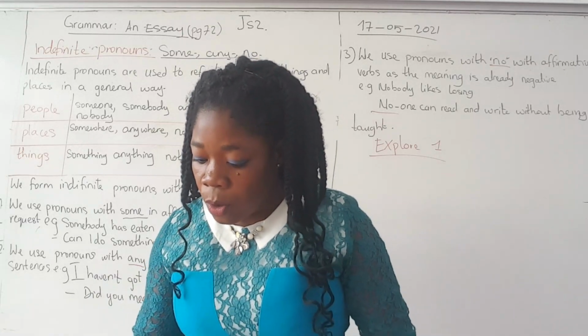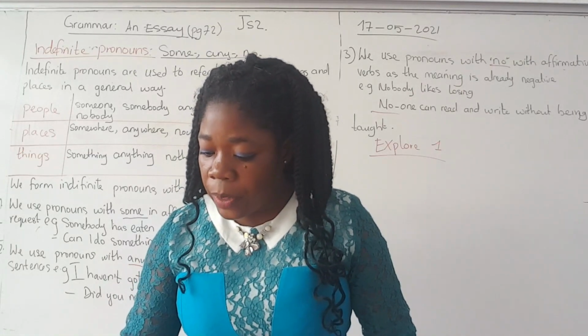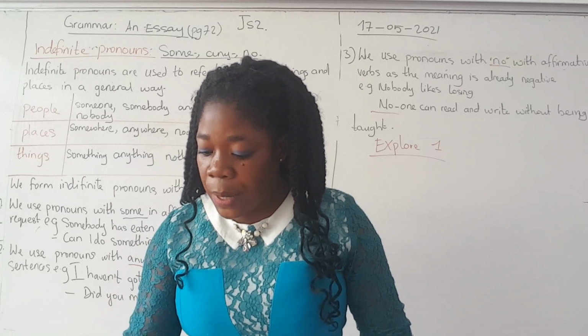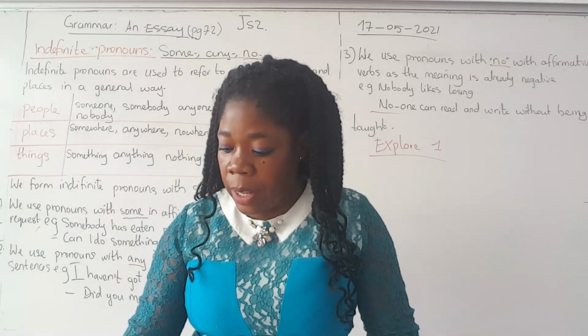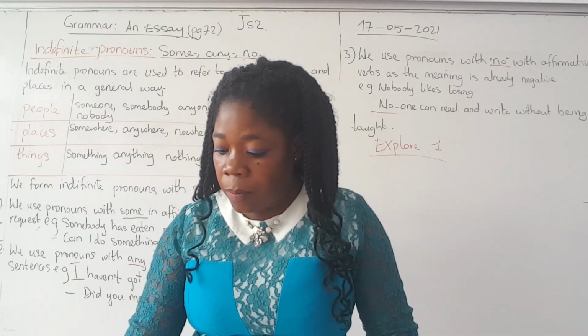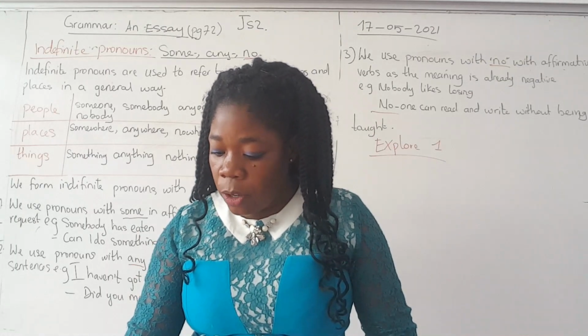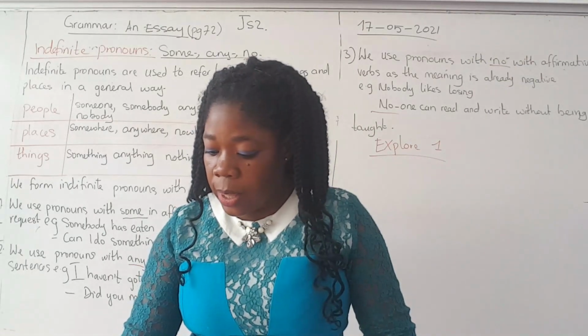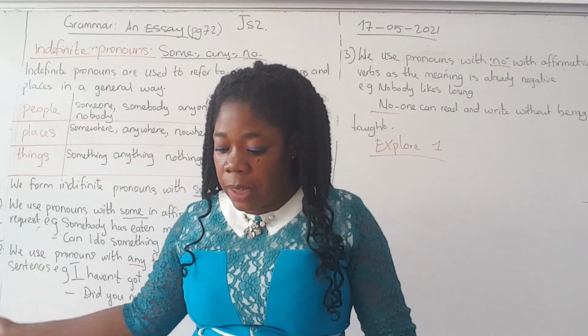Number 1, we use pronouns with some in dash. In affirmative sentences, as I've just explained, we use pronouns with some in affirmative sentences and in offers and requests. Number 2, we use the pronouns with any in what? Interrogative and negative sentences.